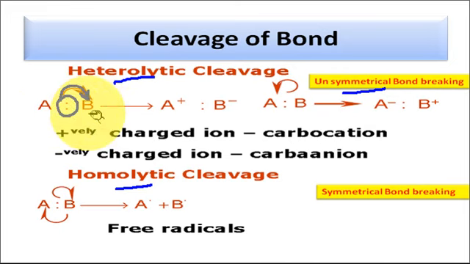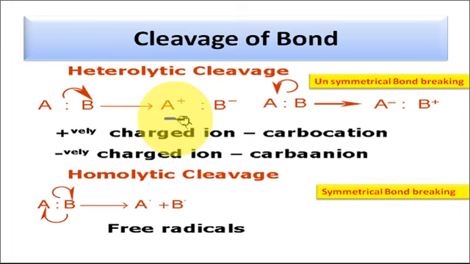If they go to the B atom here, B now possesses the negative charge and A possesses the positive charge. So the heterolytic cleavage always results in the formation of ions, cations as well as anions.